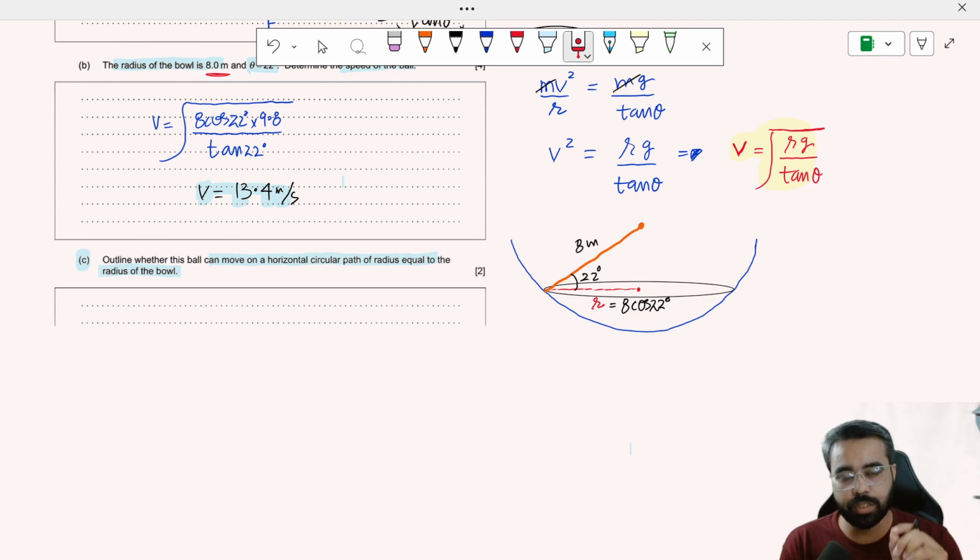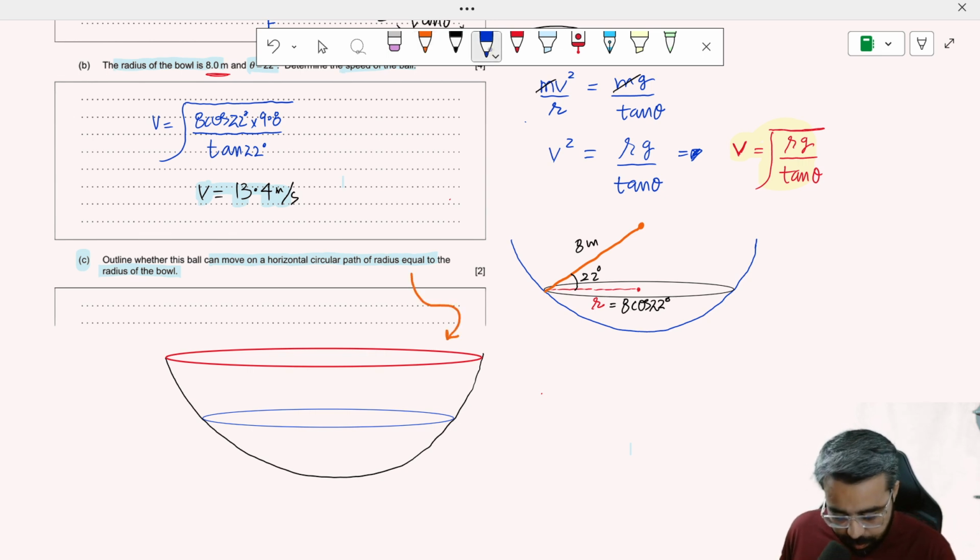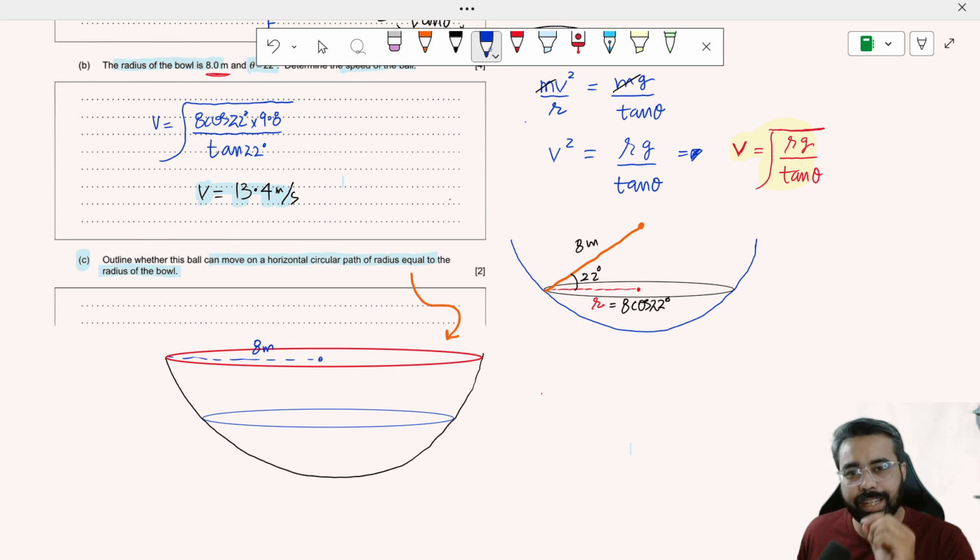Why is it not moving in a bigger horizontal circle? I just want to show you that. In this question, they are actually talking about this horizontal circle, in which this is the radius of the bowl, that is 8 meters. Now the answer of this question is that it is not possible. Why is it not possible?